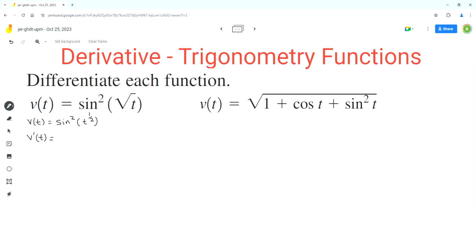So as per the power rule, we'll move the square or the 2 in the front, and we'll subtract 1 from the exponent 2. Times the derivative of the inner function, which is the sine function.